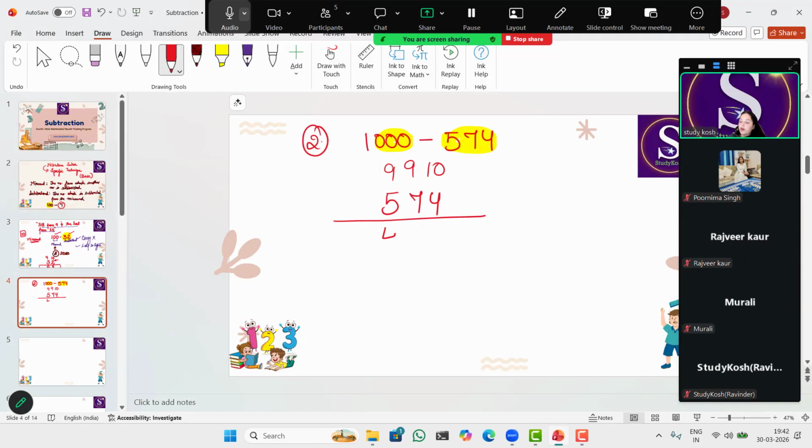Now what I was saying, the number of zeros and digits should be the same. But if the number of zeros and digits are not the same, what will we do? If it is a case like this, we have four zeros here and we need to subtract 54 from it. We have four zeros, but we have two digits here.